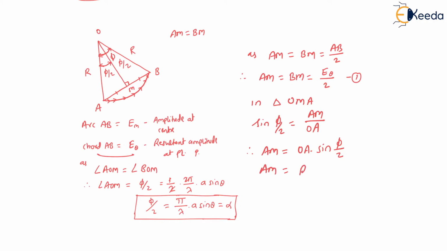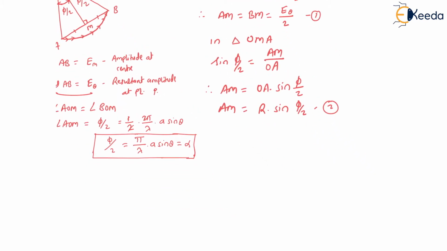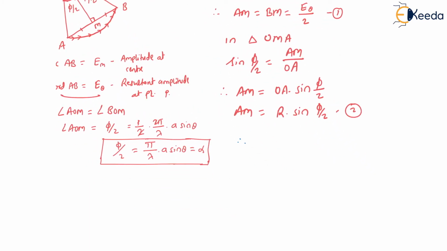So AM will be equal to R into sine phi by 2. Let this be equation number 2. Now from equations 1 and 2, as both have the same LHS, we can write E theta upon 2 will be equal to R into sine phi by 2.